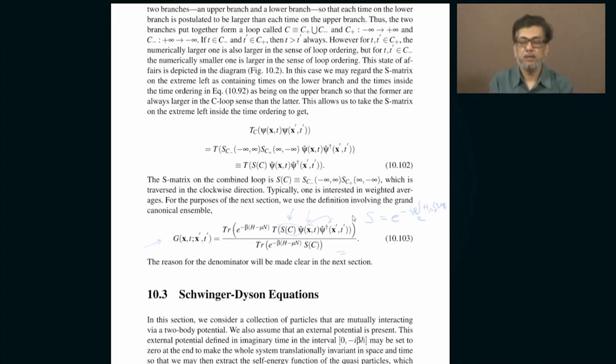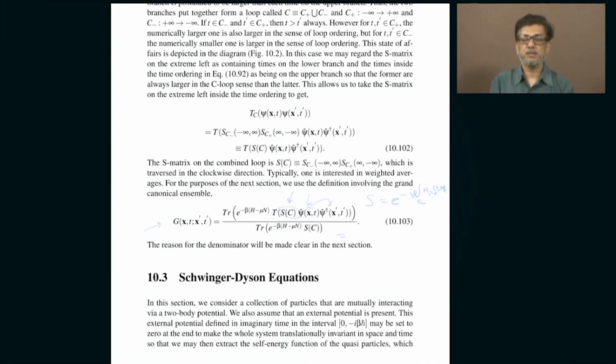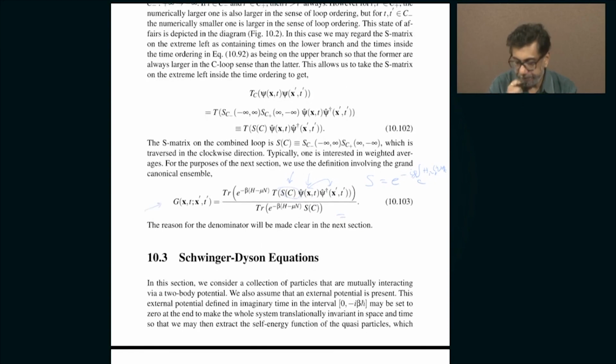I know that I haven't spent enough time explaining how the perturbation series is supposed to be carried out. The idea is that when you turn off the external fields, there is something called Wick's theorem which is applicable.